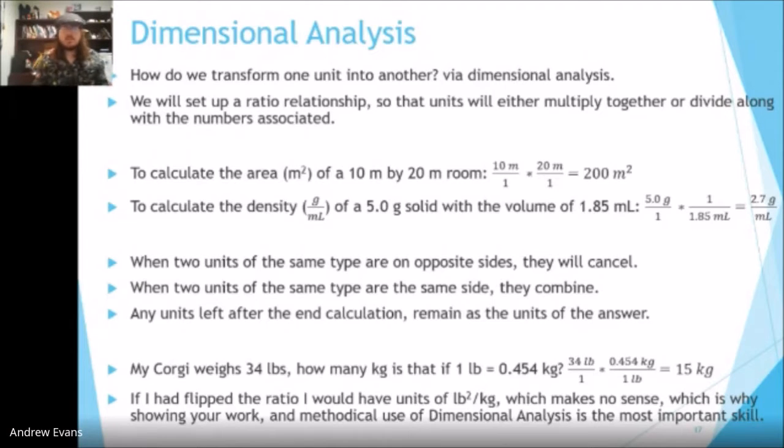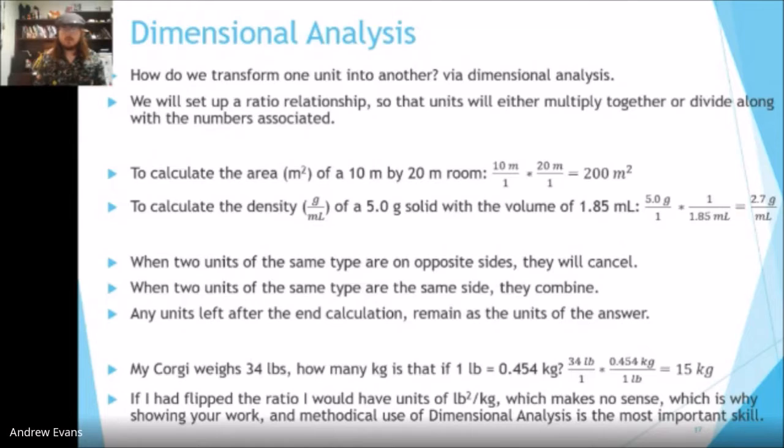The basic concept here is that just like numbers, units will combine together, multiply together, cancel out, whatever you may do. When I multiply 2 units, it's the same as multiplying 2 numbers. If I divide by 2 units, it's the same as dividing by 2 numbers.